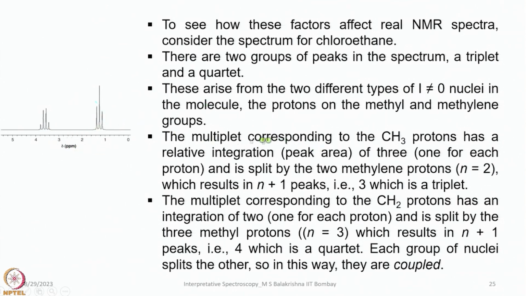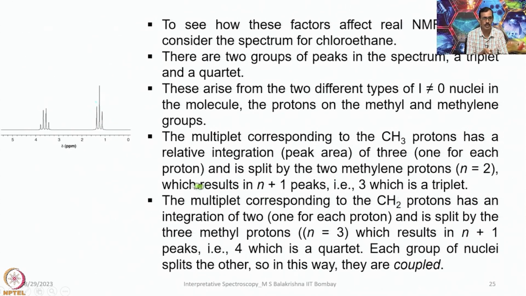The multiplet corresponding to methyl protons has a relative integration of 3 and is split by 2 methylene protons, N equals 2, which results in N+1 peaks, 2 plus 1, 3, which is a triplet, and the intensity ratio is 1:2:1.